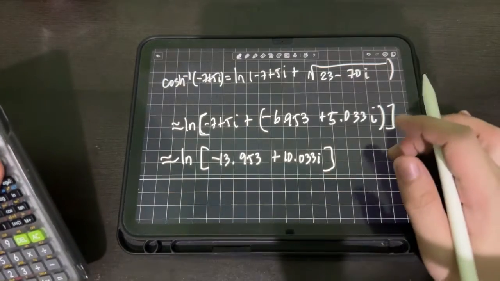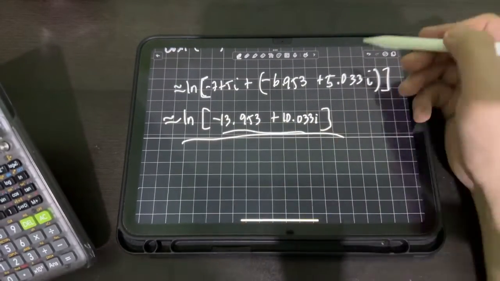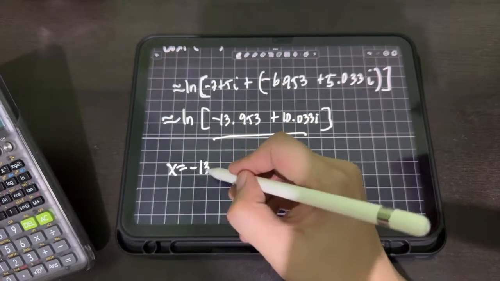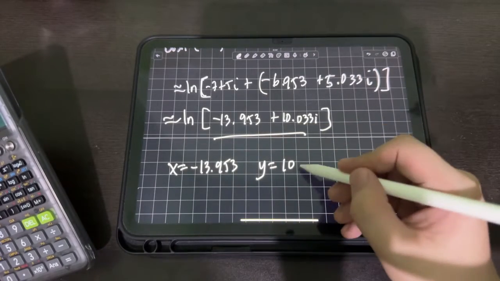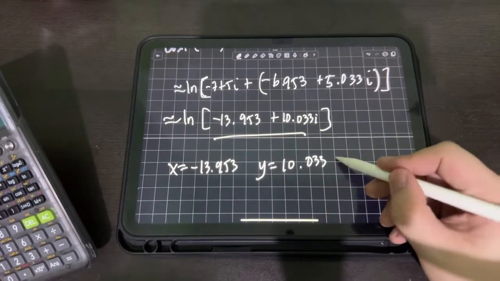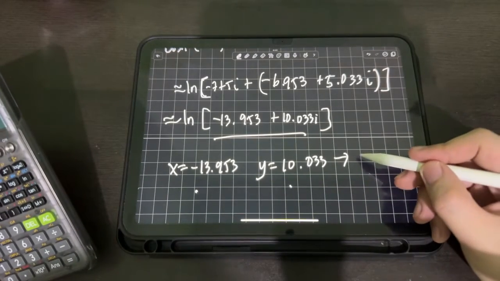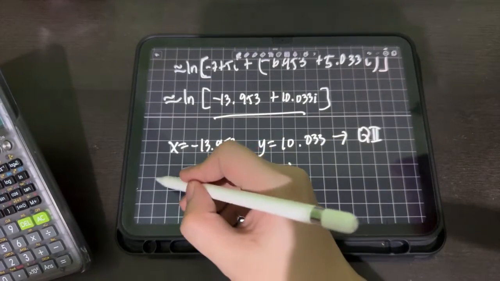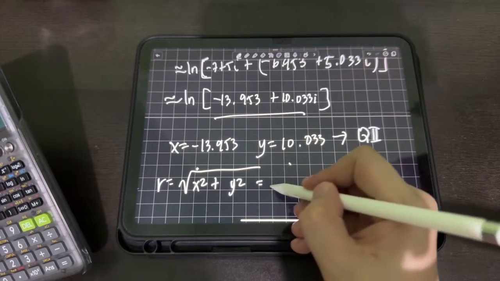Okay. Then you convert this complex number to polar form. X is negative 13.953. Y is 10.033. Negative x and positive y, therefore, the complex number is in quadrant 2, right? So r is the square root of x squared plus y squared.